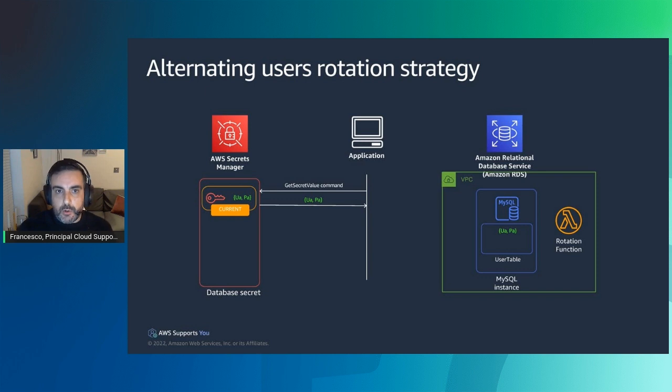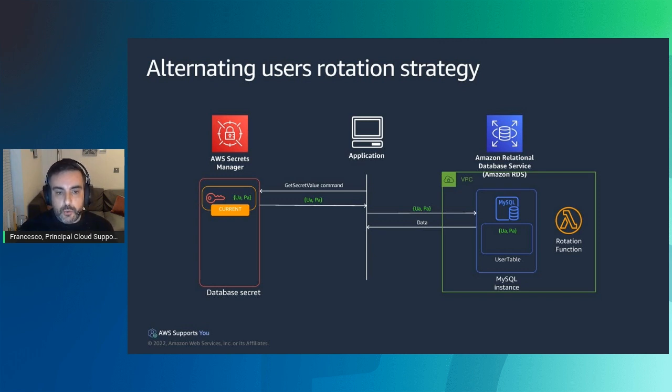For simplicity, we'll call them UA and PA, where U will be username and P password. The application will have those credentials and then send those to the RDS database in the VPC. And if everything works well, it will return the data from the database.